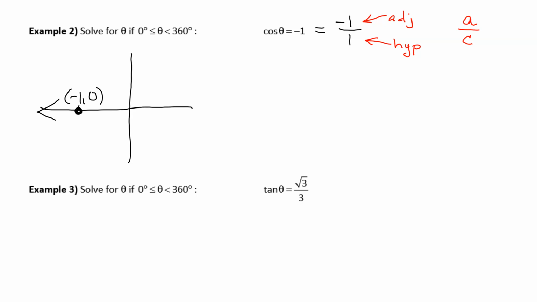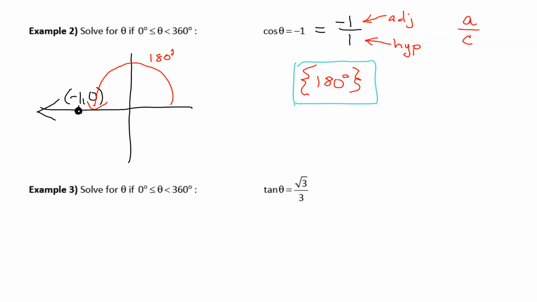Since the adjacent side is negative, that's going to mean that this terminates on the left side of the coordinate plane. That terminal side represents a 180 degree angle. So 180 is the only solution on the interval from 0 to 360 for this particular equation.